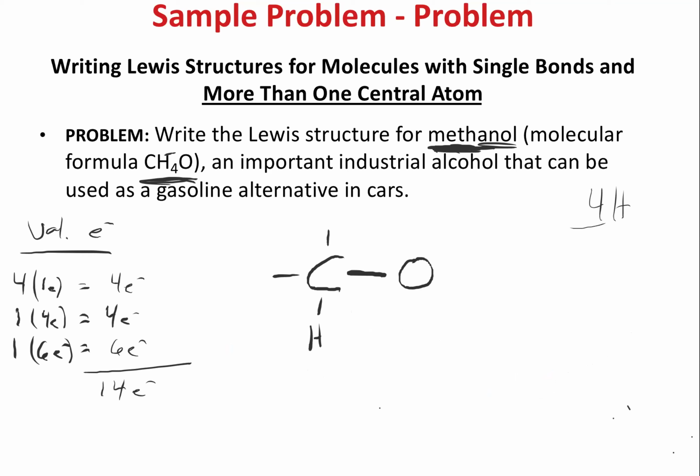So I could put 3 additional bonds, carbon to hydrogen, in my Lewis dot structure. And if I do that, now my central carbon has 4 and only 4 bonds, which is what it wants. Now I note that in my formula it was CH4O. I've only used 3 of the H's. I wonder where the other one goes.